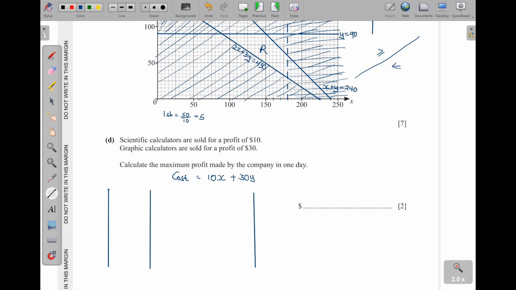Okay, just like that. And I can have here X, Y, and then here the cost, which is equal to 10X plus 30Y.